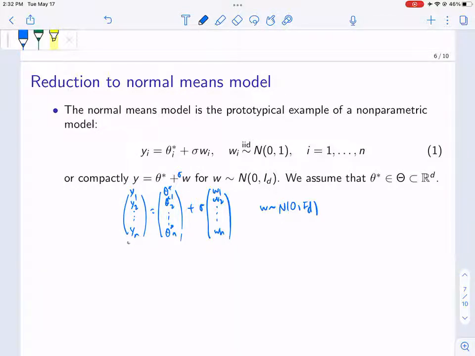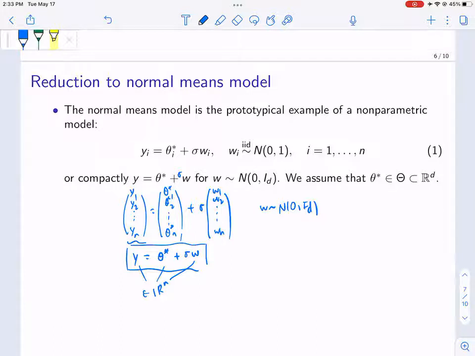So this turns into a very simple vector equation like this. Okay, so everything is in R^n. All of these are in R^n. Sample size is n.